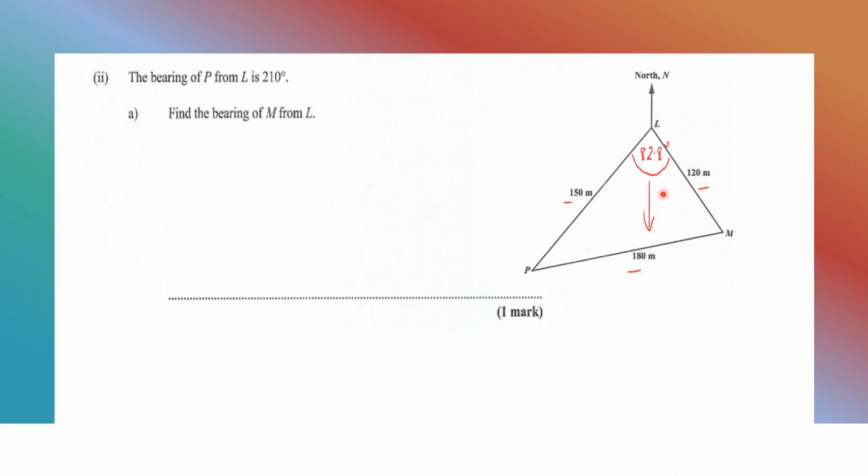So we know that the angle at L is 82.8 degrees. If they said the bearing of P from L, that means that is this bearing. And they're asking you to find the bearing of M from L. So that would be only this section here.